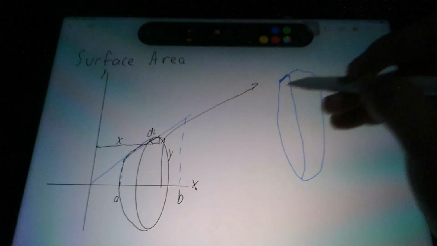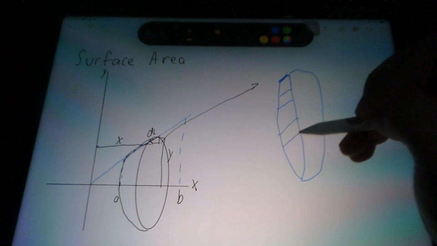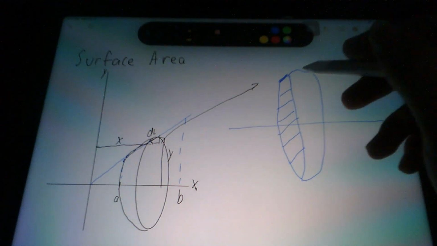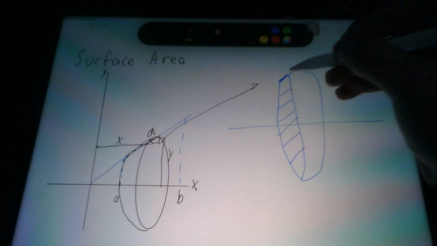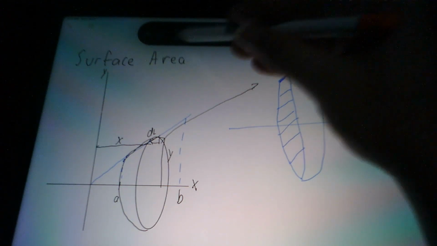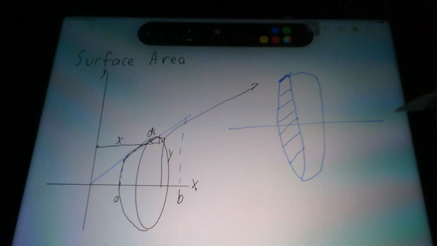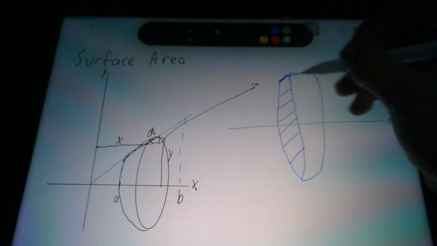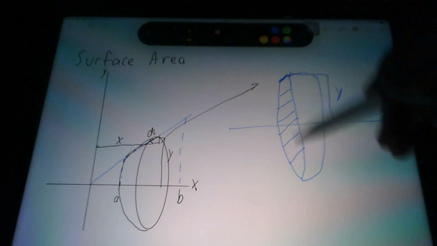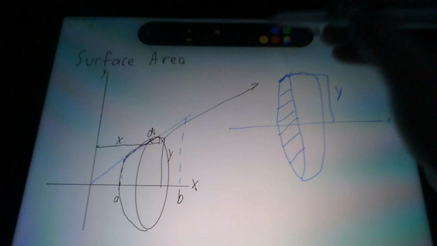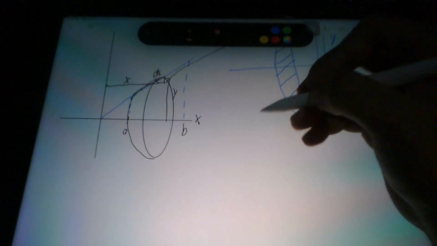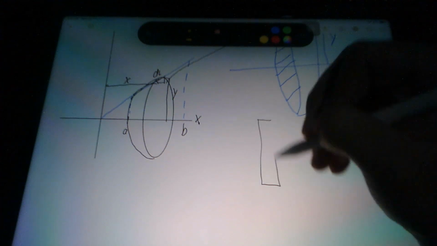Let's say this is a perfect circle. This is our DL here, and the height of this circle from our strip to our x-axis is just called y. Now if we cut this solid shape, this will look like this.